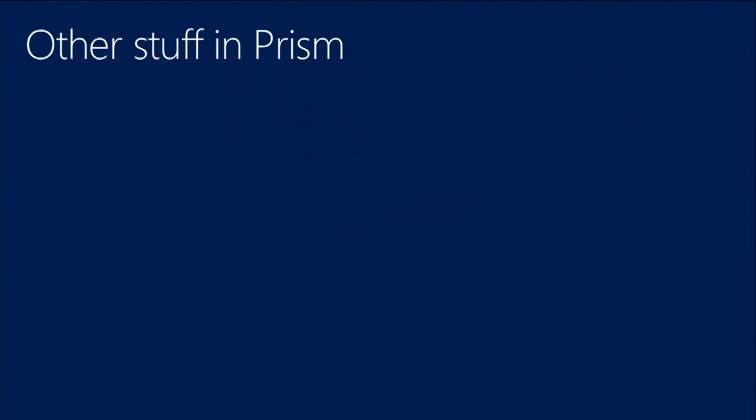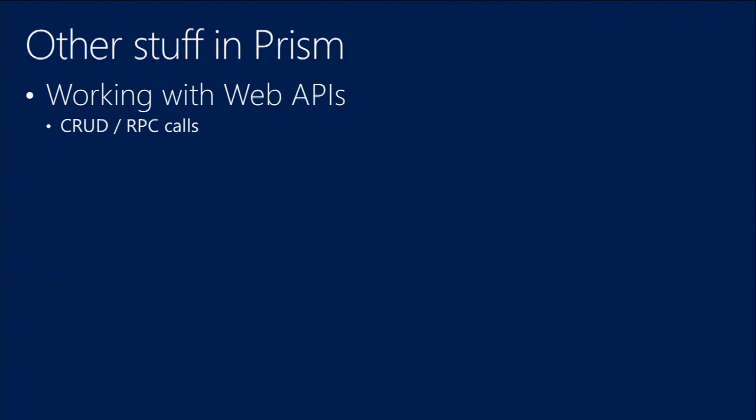So there's a lot more there. I went through this very fast because there's a lot to cover. But there's even more in Prism that you can check out and benefit from. There's guidance around working with web APIs, calling web APIs, doing security with forms authentication, doing things like managing the cookies that come back in the face of termination, writing those into that restorable state stuff that I talked about. There's guidance around doing CRUD and RPC calls, like I said, security, I already said all this stuff.